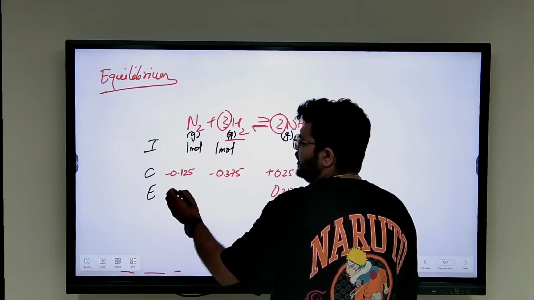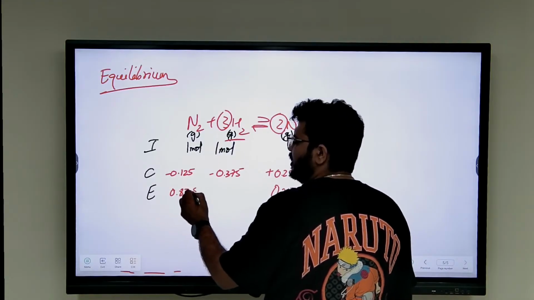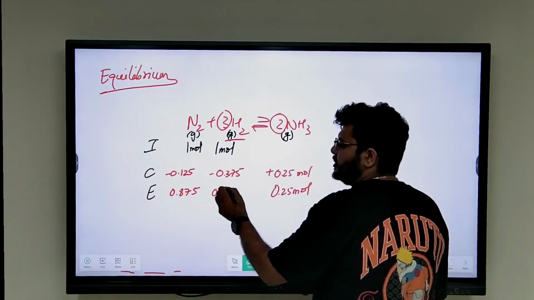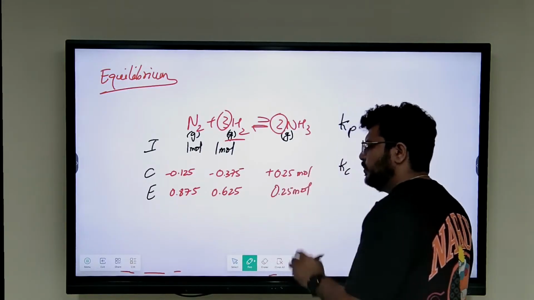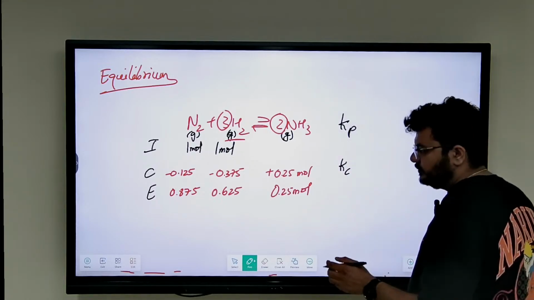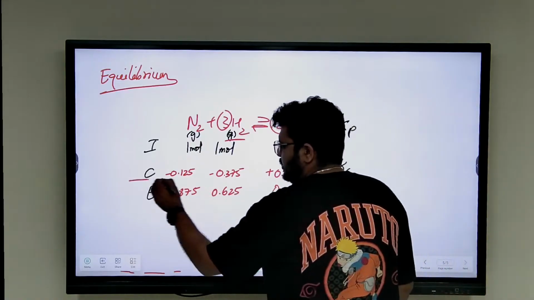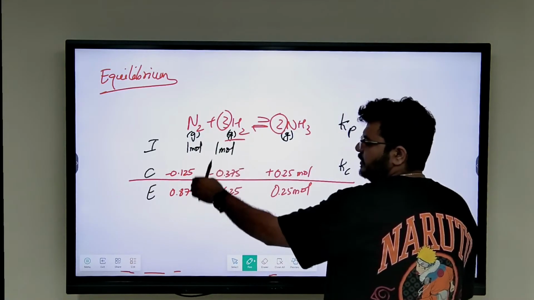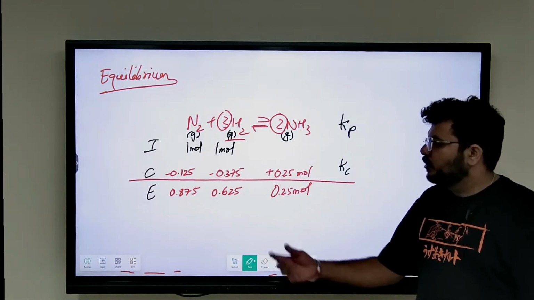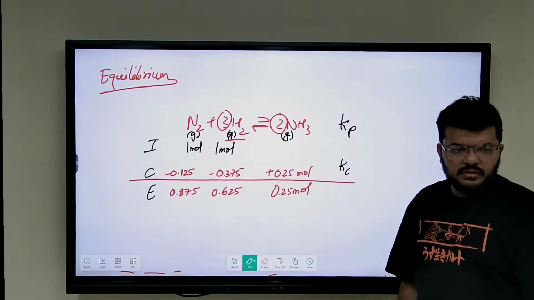So what is at equilibrium? Can I say at equilibrium this should be 0.875, right? ये कितना हो जाएगा? 0.625 and 0.25. एक second. I got the 0.5. I just subtracted how much ever change was from the total quantity that was available.